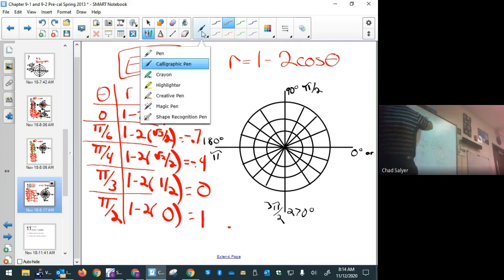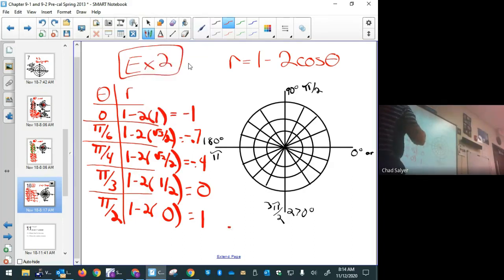So let's graph it. We know what the shape's like anyway now, so we'll know if that's right or wrong. 0 goes to negative 1, that's here. We're away from the angle if the radius is negative. Pi over 6 is negative 0.7. Pi over 4, that's this radial arm right here, is negative 0.4, so just less than half.